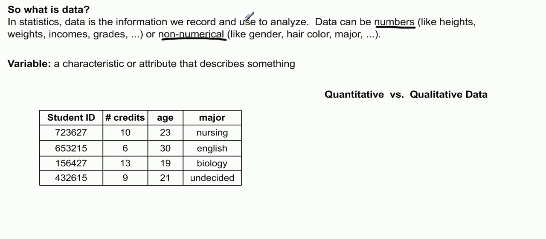Now, in the universe of statistics, rather than using terms like numerical and non-numerical, we're going to talk about quantitative, which is numerical, versus qualitative, which is categorical, okay, or non-numerical.